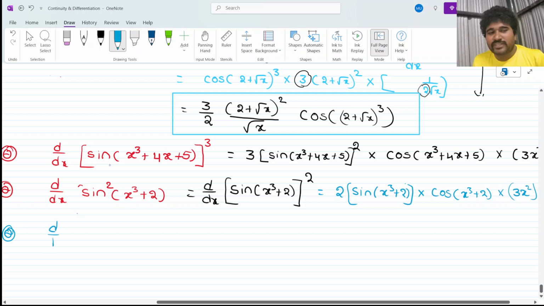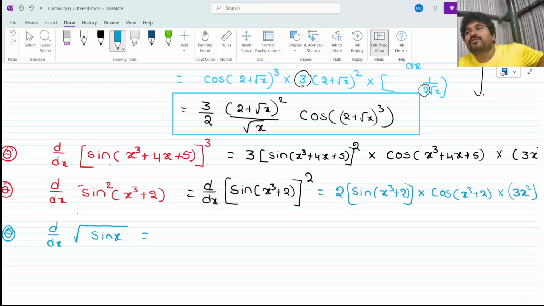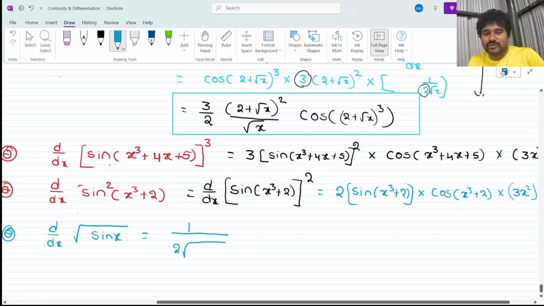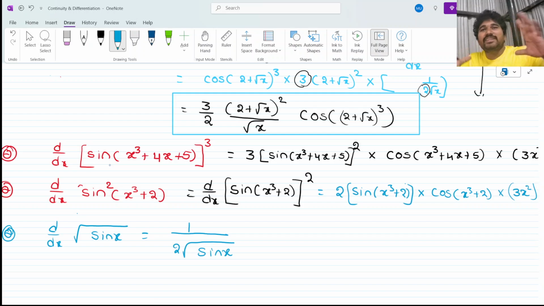What is the differentiation of root of sine x? What will you get? Sir, it is root, right? 1 by 2 root sine x. Correct? First step, you eliminated the root. Understand?